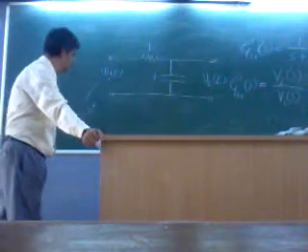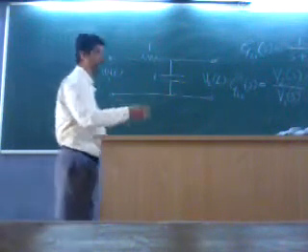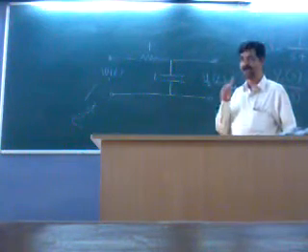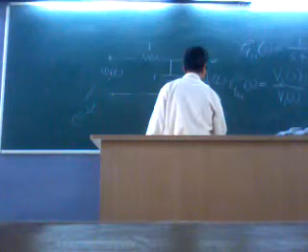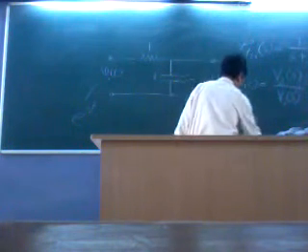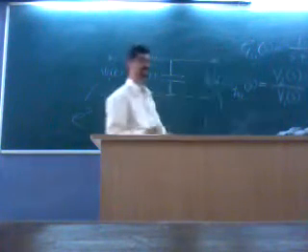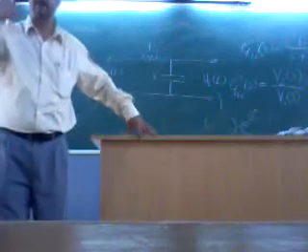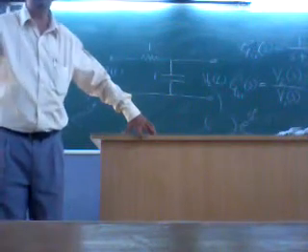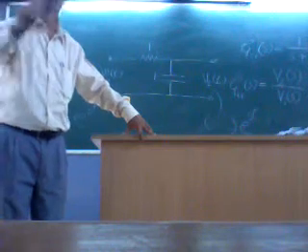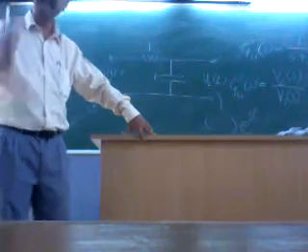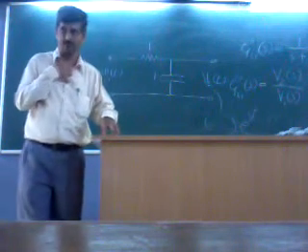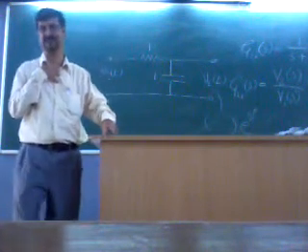If Vin is e raised to st, I am sure that the output would be something into e raised to st only, and then I can take a ratio of v2(t) upon v1(t).